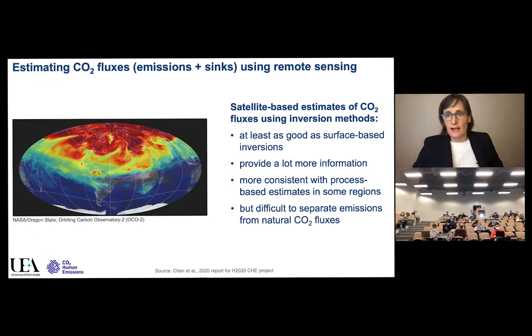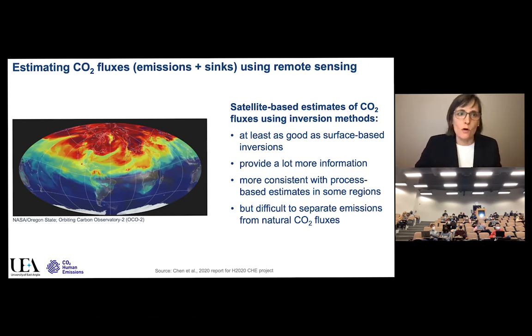But the disadvantage of the satellite-based estimates is that they merge together both the anthropogenic emissions, but also the natural fluxes. So if you have the fluxes over America, for example, you don't know, at least not directly with this information, if the emissions are from the power industry or if they're from natural forest.